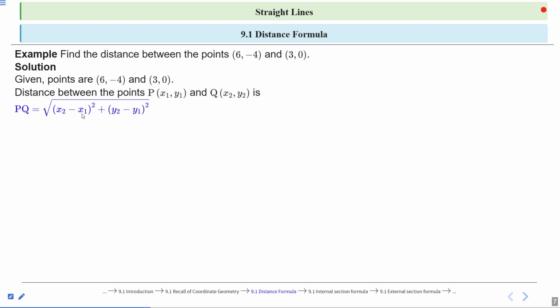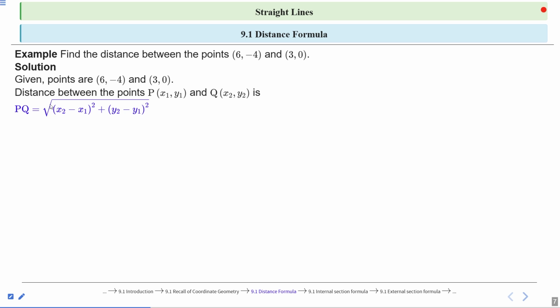It is known that the distance between the points P of x1 comma y1 and Q of x2 comma y2 is PQ equal to square root of (x2 minus x1) whole square plus (y2 minus y1) whole square. We studied this formula in our previous slide.